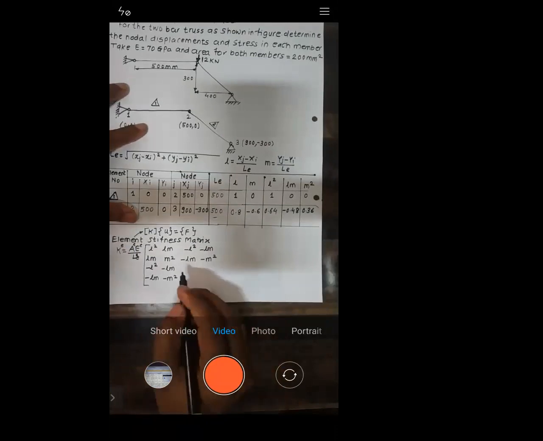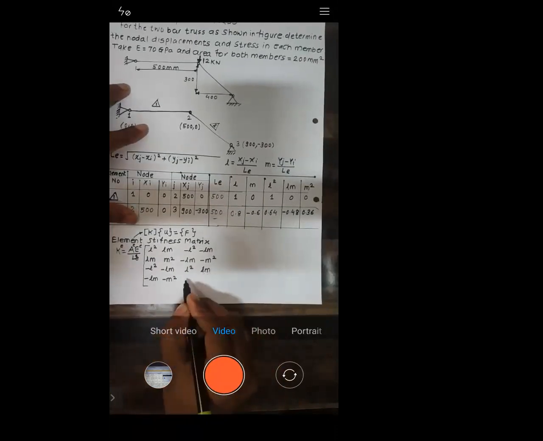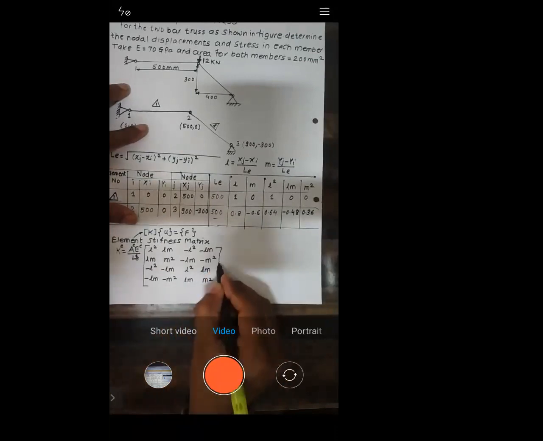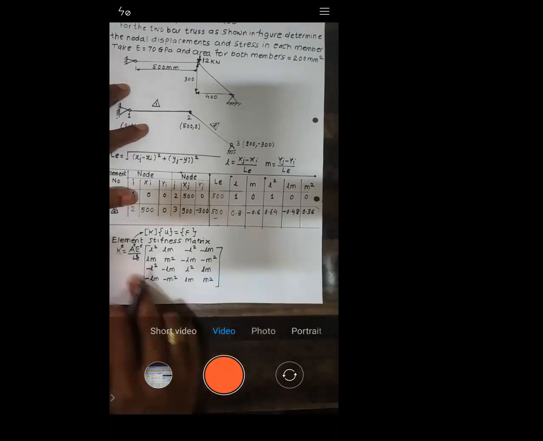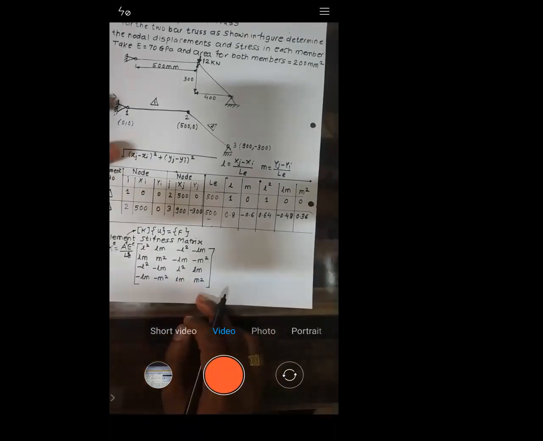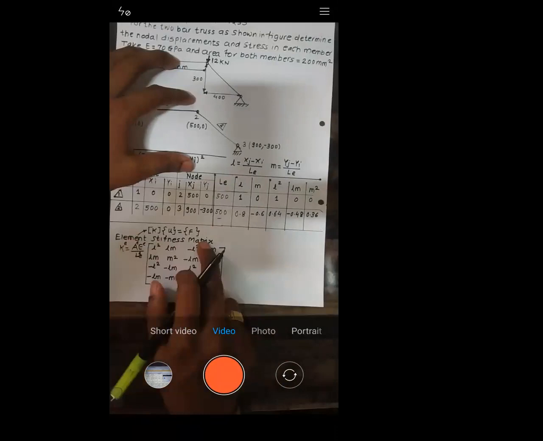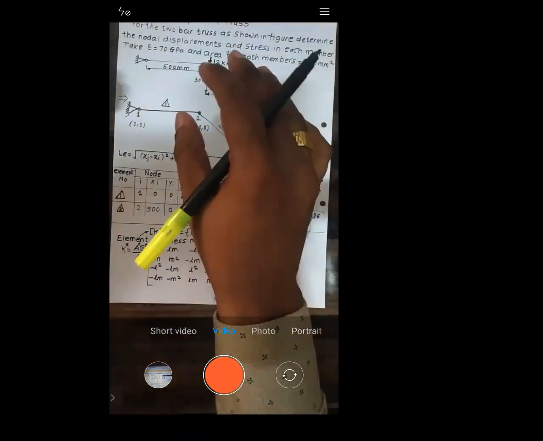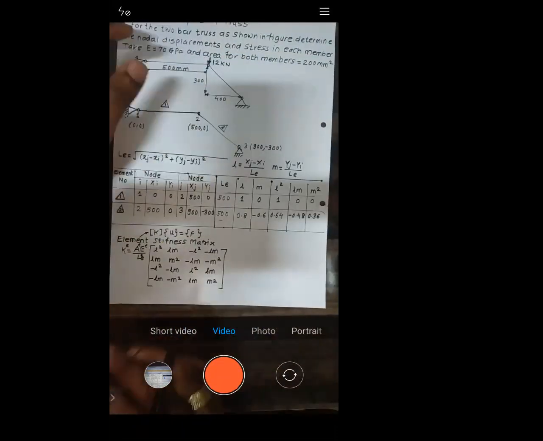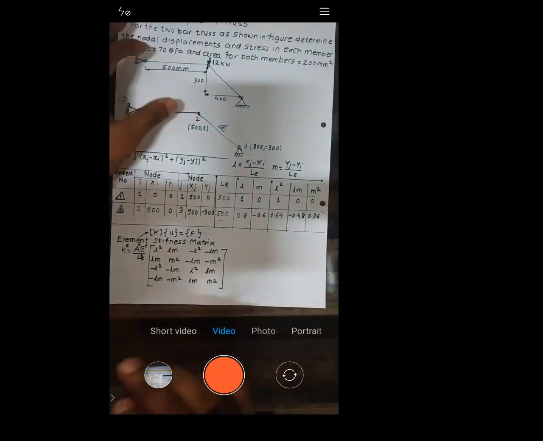Now you have the positive value, that is L square, LM and M square. So this is a matrix that is basically called the element stiffness matrix, because this problem belongs to truss. This matrix will vary from case to case. So for truss, this is the value of the element stiffness matrix.